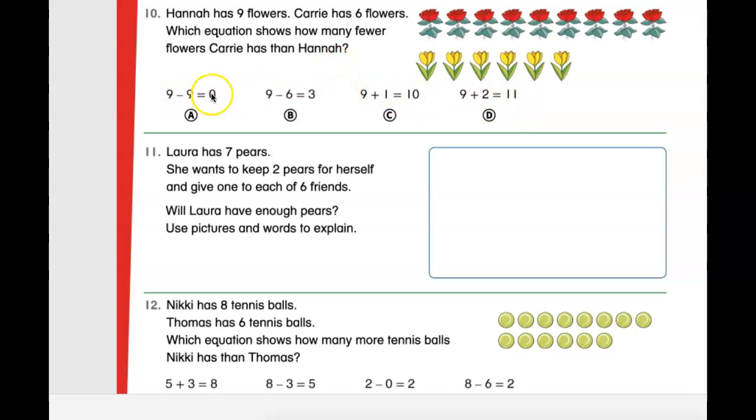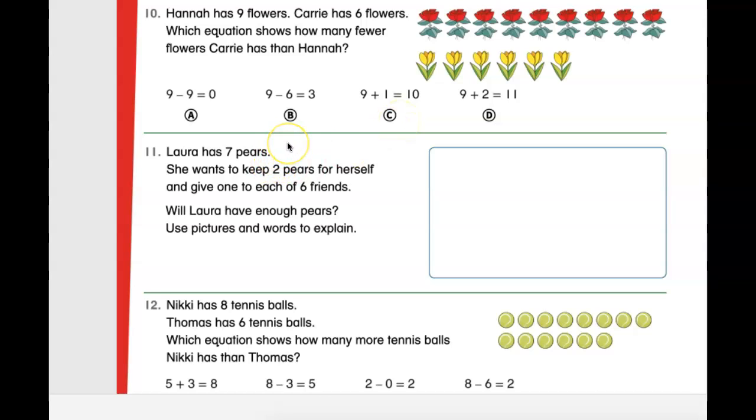So look at our problems down here, and when you find it, you're going to fill in the circle.